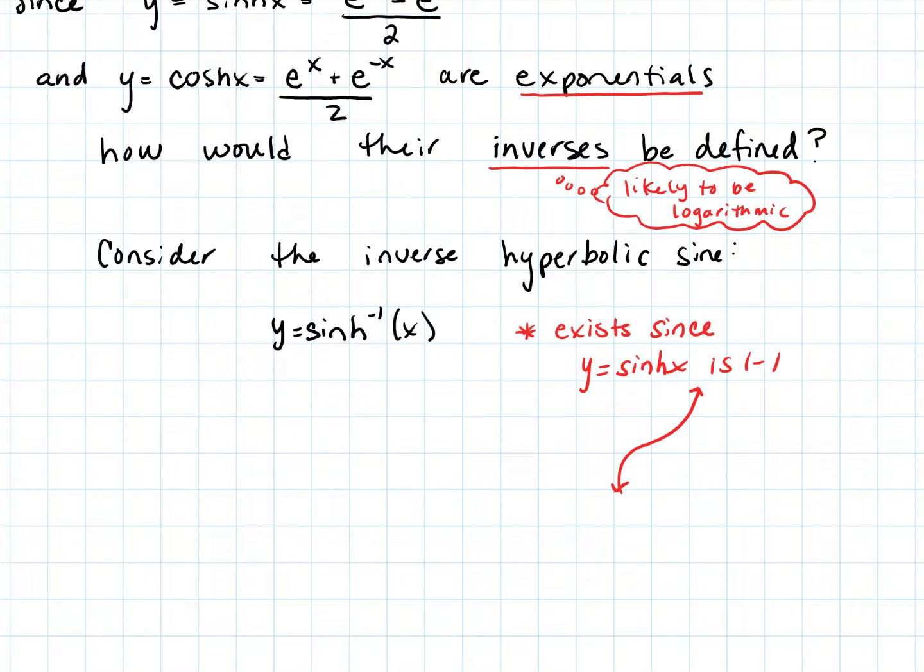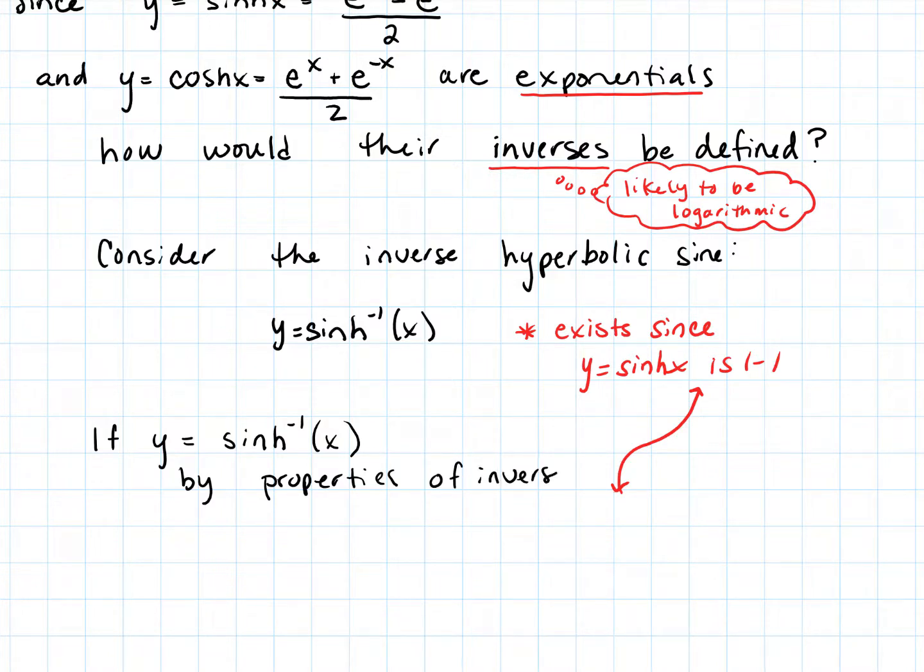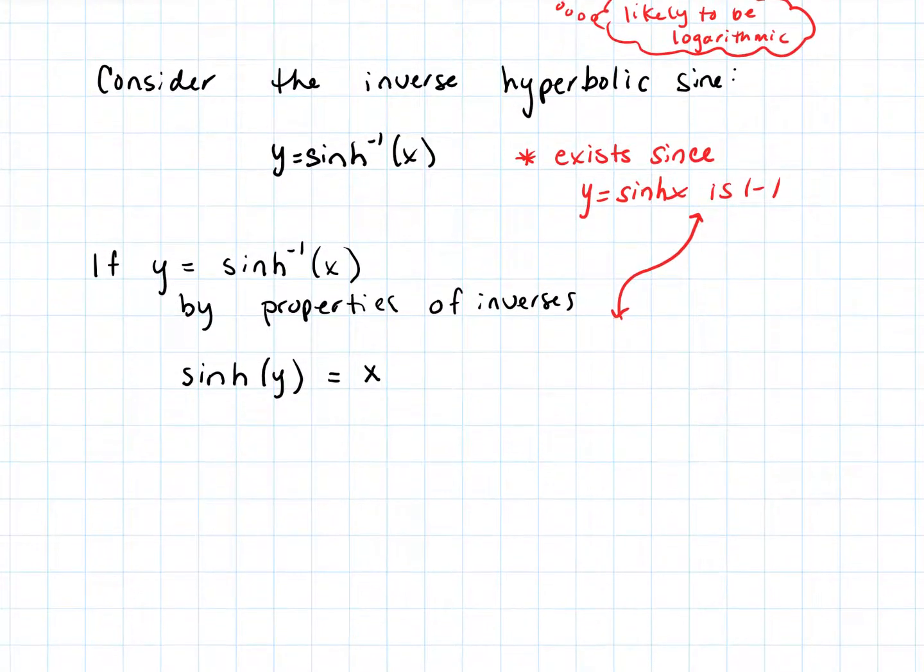So let's say if y equals the inverse hyperbolic sine of x, then by the properties of inverses, taking the hyperbolic sine of both sides, the hyperbolic sine of y has to equal x.